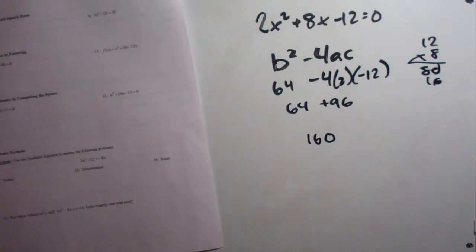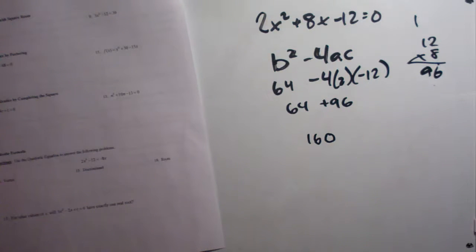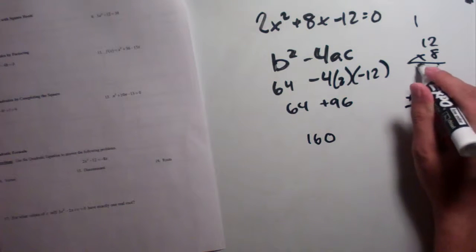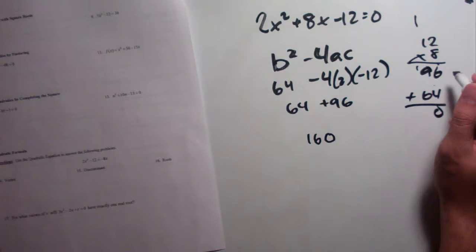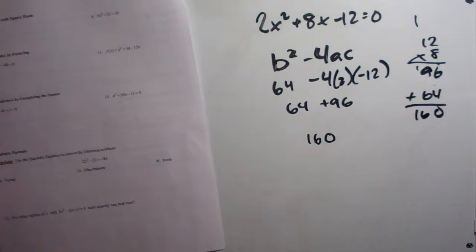Making sure that's correct. Let's see if I multiplied right. 96 plus 64, 160. Alright, I believe it is 160. I'm just not trusting myself right now.